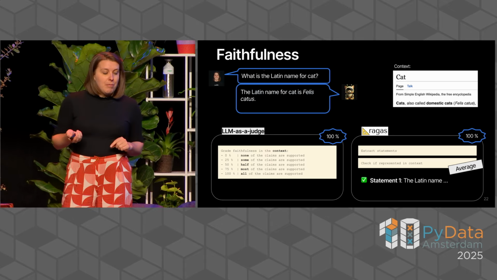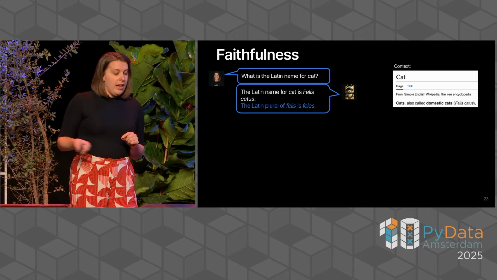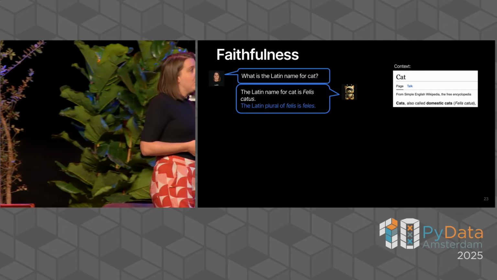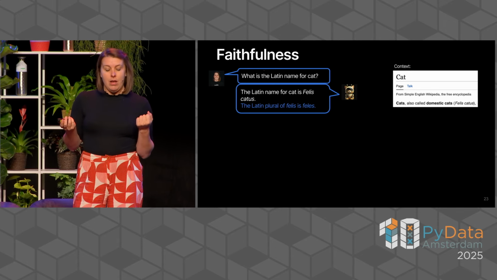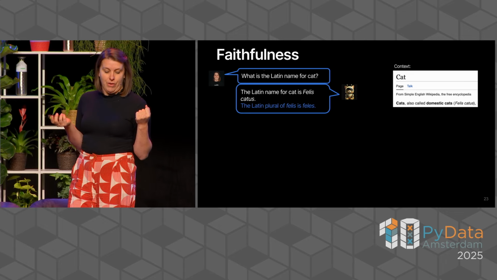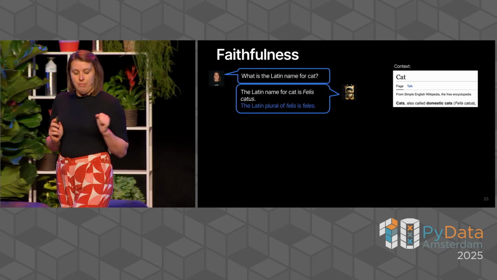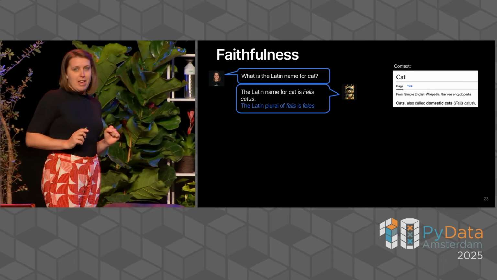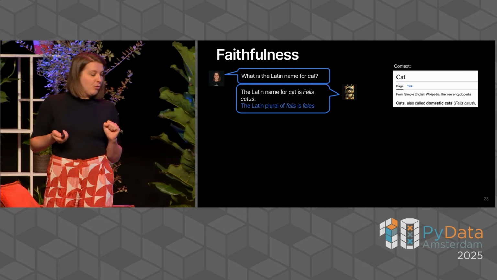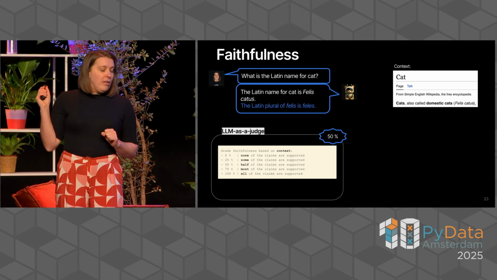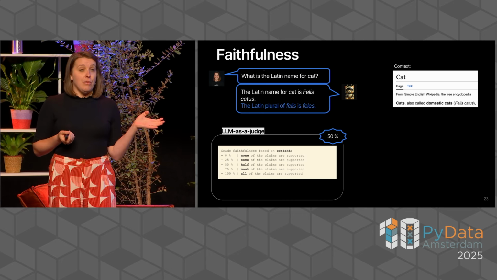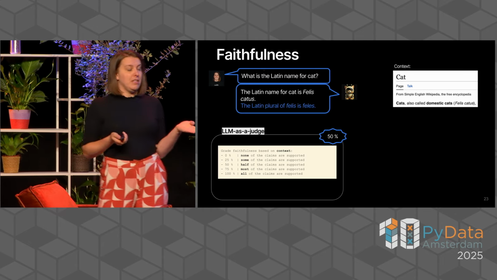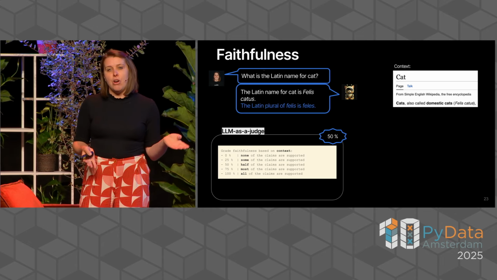So for very simple responses, these are very easy to compare. Let's make it a tiny bit more complex and add a random statement to the response that is not in the context, around the plural of Felis, which is Felis. I didn't have Latin in school, so good for me to learn this. So our LLM-as-a-judge approach identifies correctly that half of the statements in the response are actually not in the context.